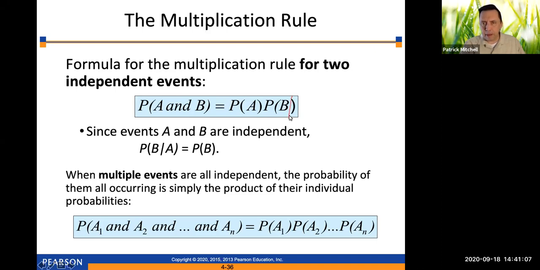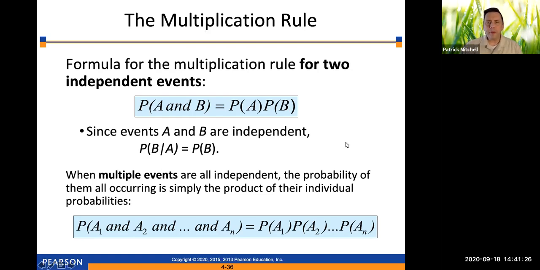Instead of probability B, you had probability B given A. All right. So if we know that our events are independent, then we can just replace probability B given A with probability B.